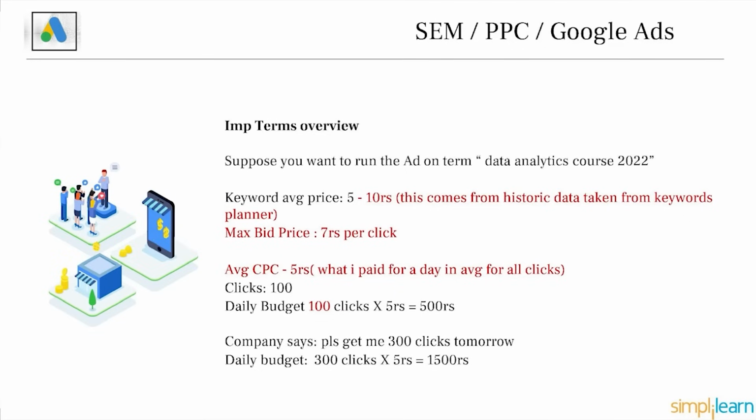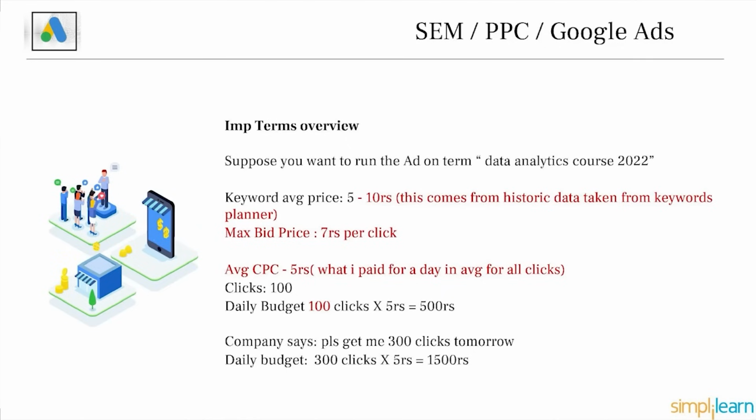So I have got this data from the keyword planner, that the average price I have to pay for this keyword to show my ad is 5 to 10 rupees. So what I did, I just played a bit of maths, and I have bid something over the minimum bid price. Okay, this is the minimum bid price, this is the maximum bid price.